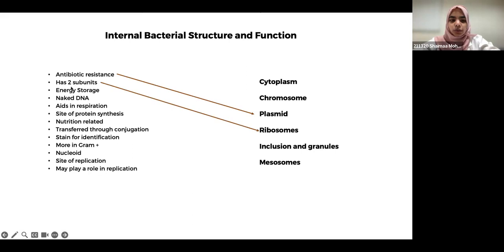What about which organelle helps in energy storage? Not temporarily, but usually. Not the temporary one. Yes, granules also help, they're included in granules. Yes, cytoplasm. So cytoplasm is a site of energy storage. Okay. Naked DNA.